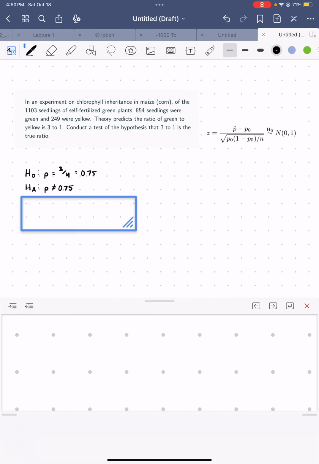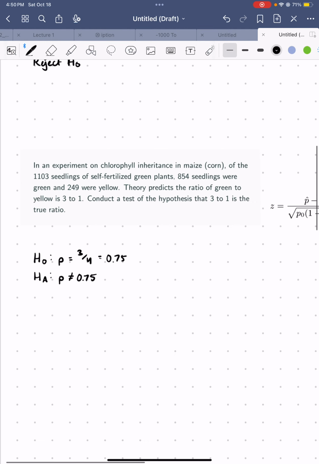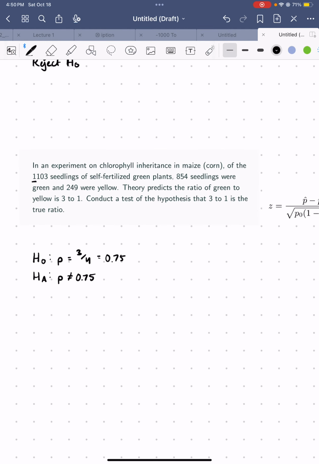And then now we can look at the values that our problem gives us. So here's our sample size n, and then we have our ratio from green and yellow.